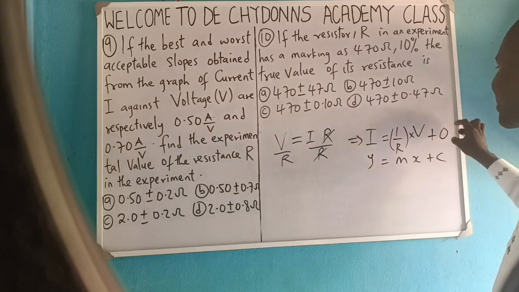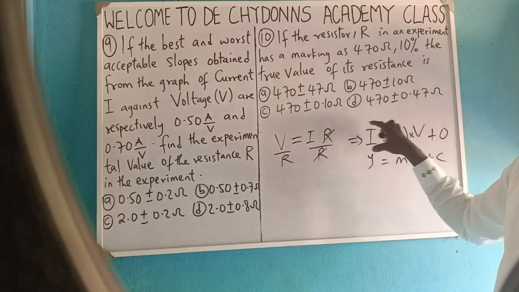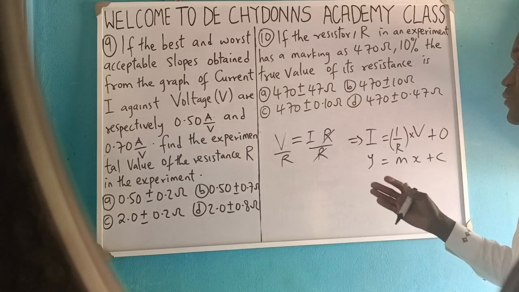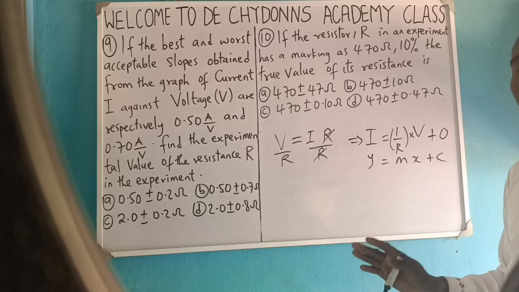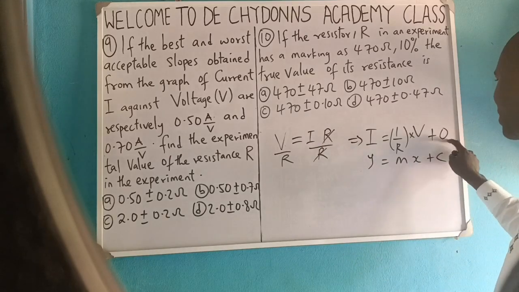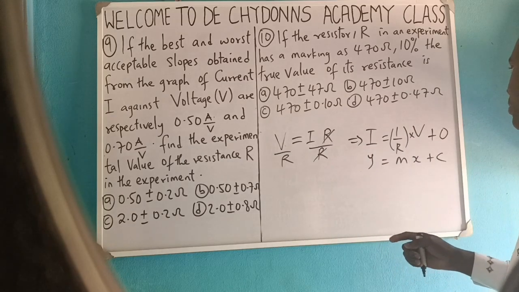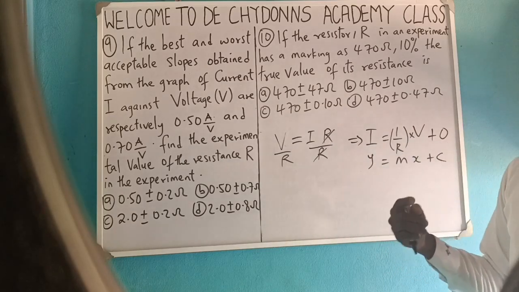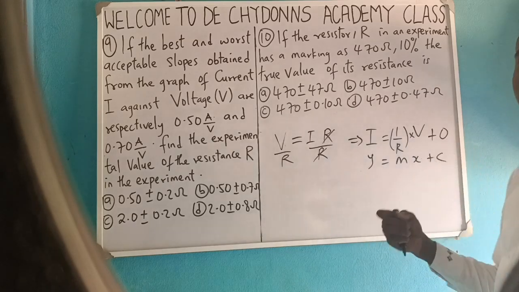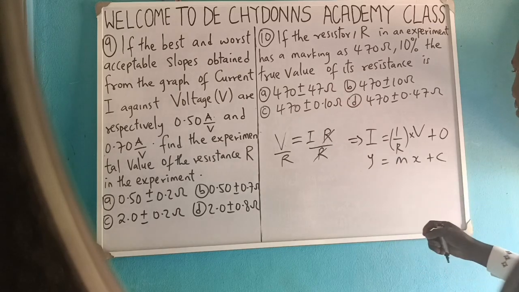That is the theoretical intercept, the one we got from theory. So if you do the experiment very well and you are 100% accurate, the intercept will be 0, that is, it will pass through the origin. But if it didn't pass through the origin, try to get the error encountered while solving for the intercept, as I said in the question before now.